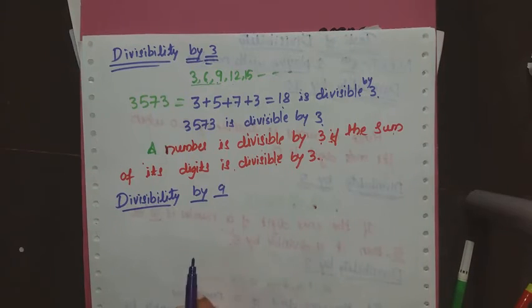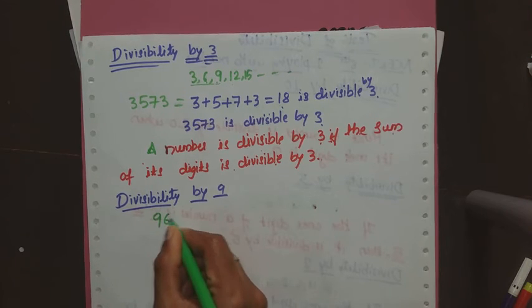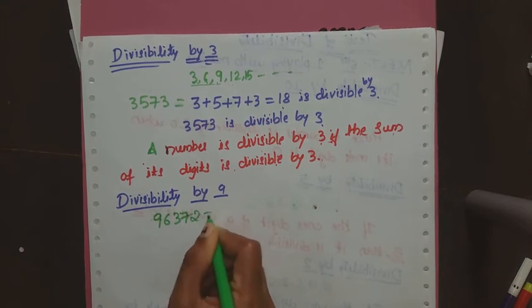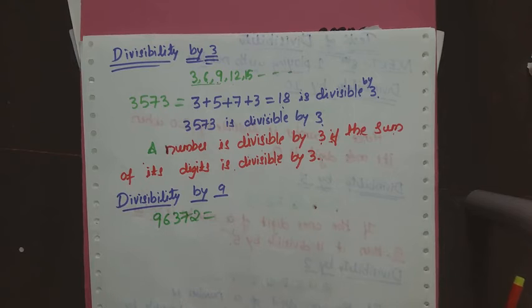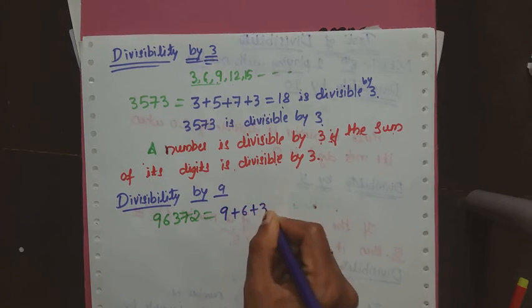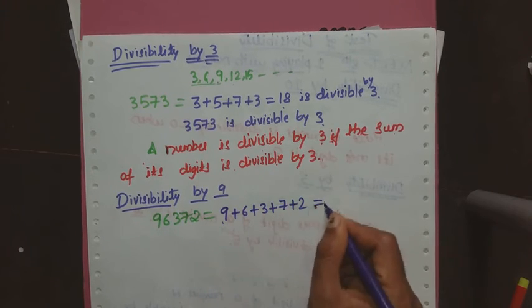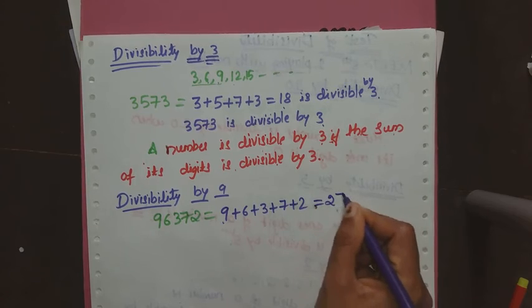Divisibility by 9. Consider an example, 96,372. The sum of all digits is 9 plus 6 plus 3 plus 7 plus 2, which is 27.